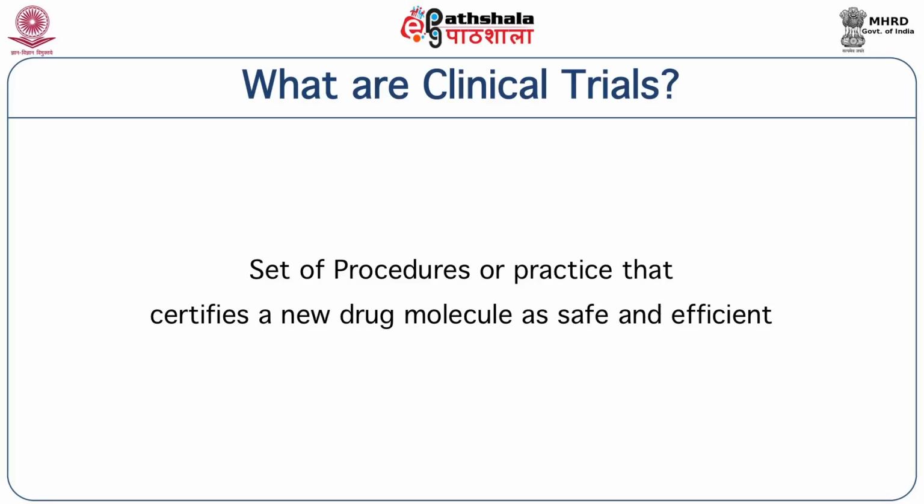So a clinical trial is a set of procedures or a practice that certifies a new drug molecule as safe and efficacious. Clinical trials are basically conducted for drug development, and only with new drugs are we able to handle the new diseases that are widespread across the world.